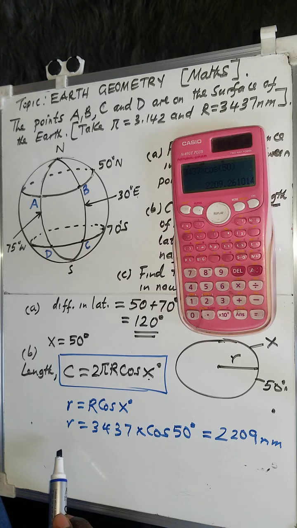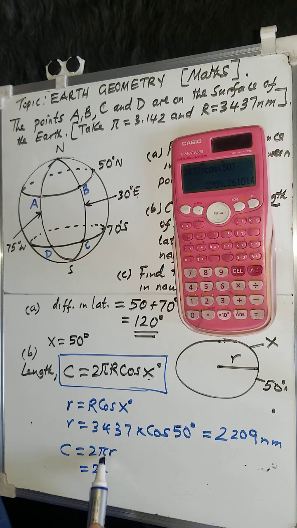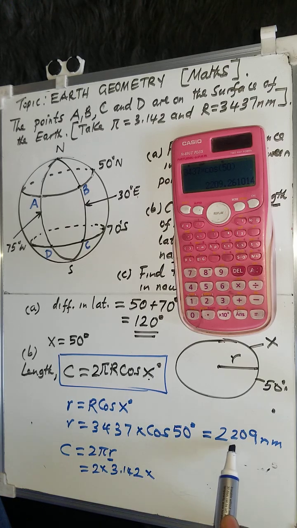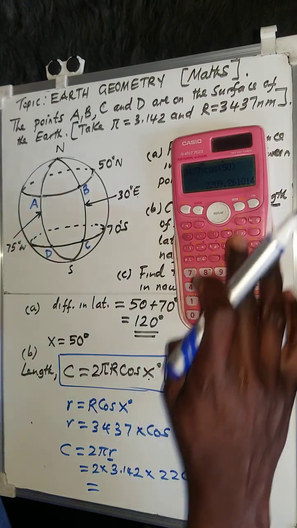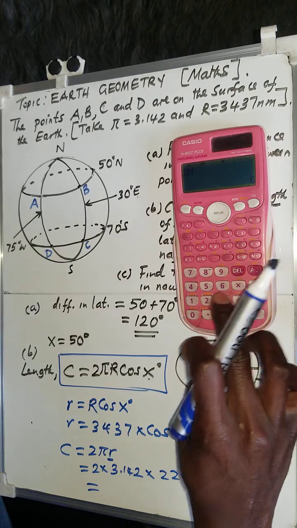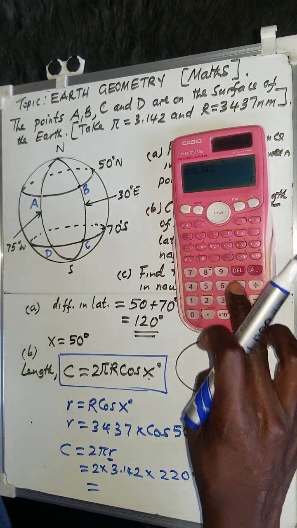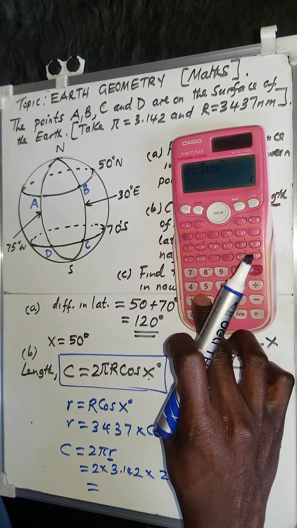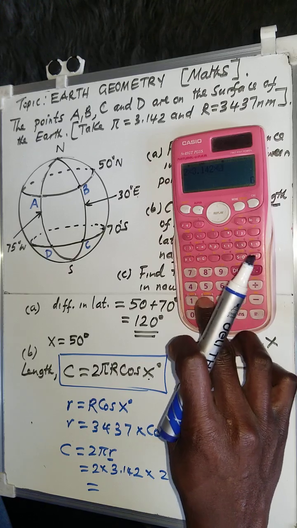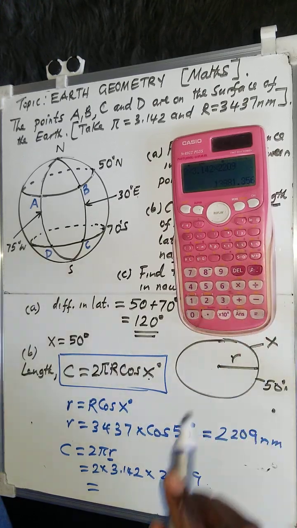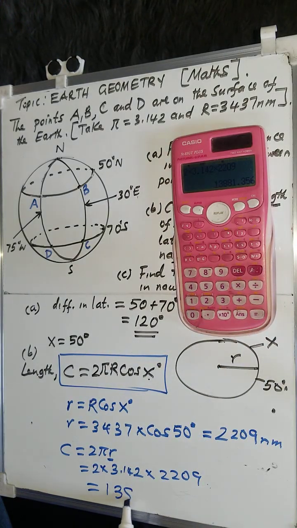Then once you do that, you can apply circumference is equal to 2 pi r. So you can say 2 times pi, 3.142, and the radius we have calculated, which is 2209. So when you calculate that, 2 multiplied by 3.142 multiplied by 2209, it is going to give you 13881.